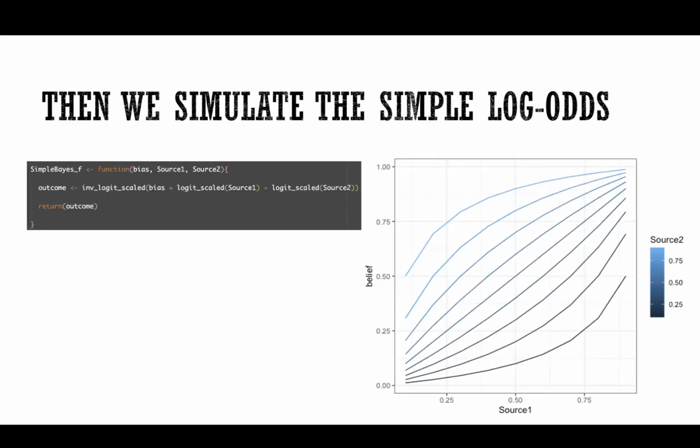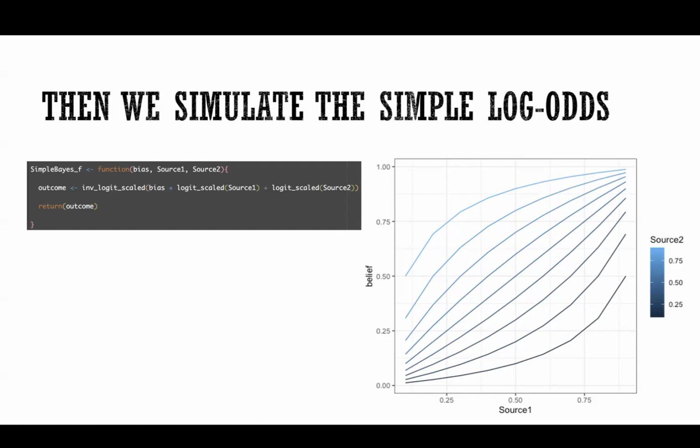We can also simulate the log odds. And there suddenly we start seeing very different behaviors. Right? So here we have that on the x-axis, there is the log odds for evidence for blue in source one.